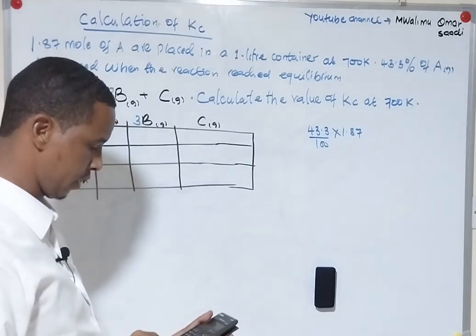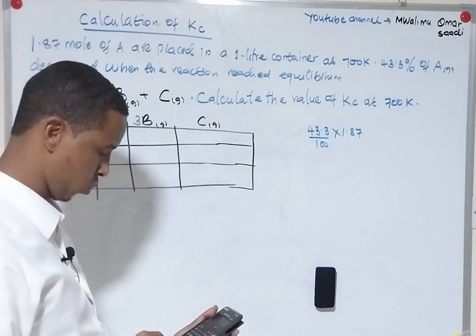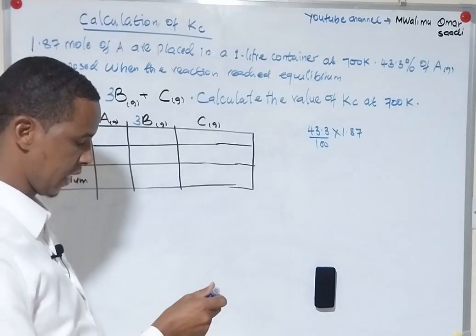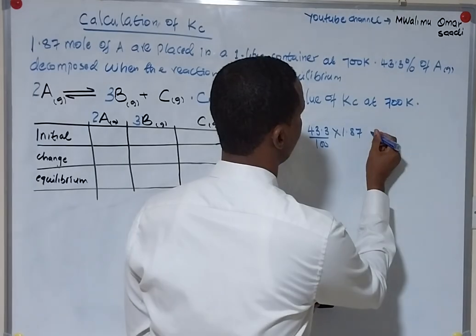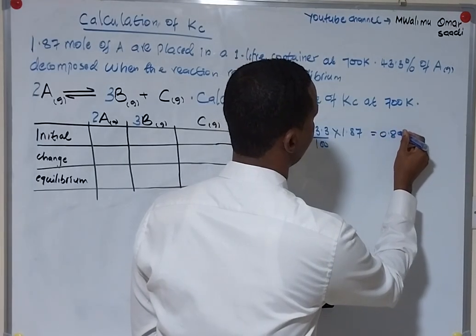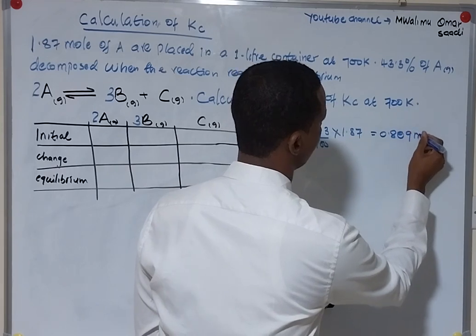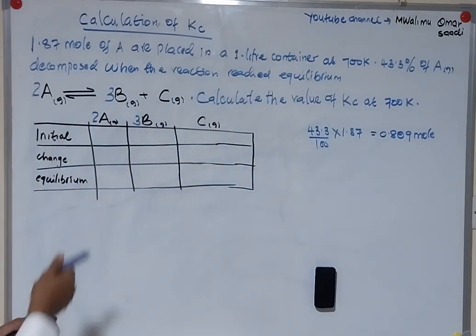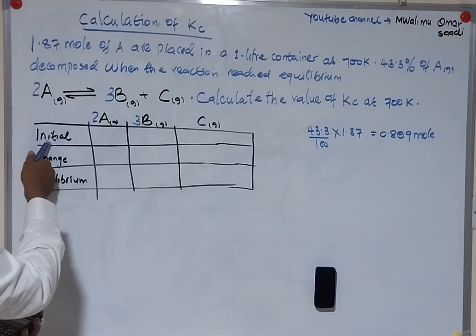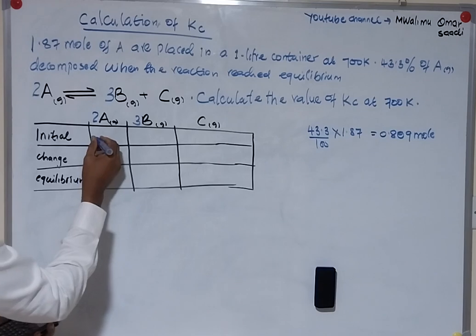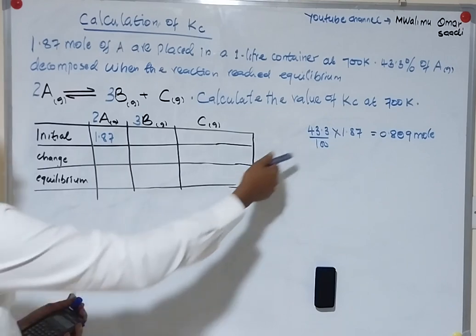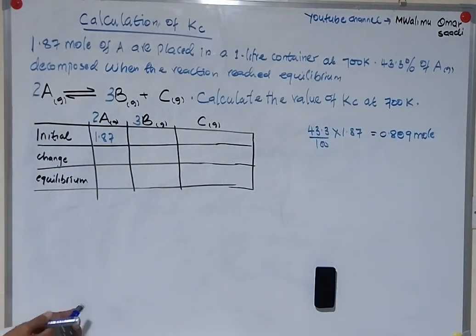That is 0.433 times 1.87, that is 0.809 moles. So that is A. And the initial concentration of A is 1.87. Before we write that, let us fill in the changes here.